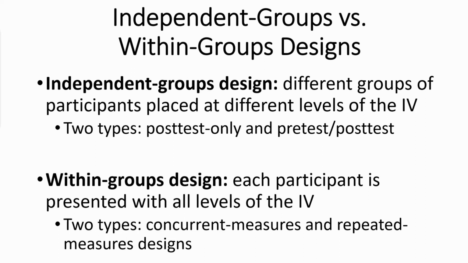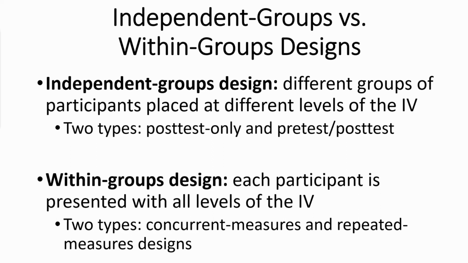And this is the one that I feel like people are most comfortable with or most used to in terms of experimental designs, because this is where you have different groups of participants that are placed at different levels of the independent variable. So you have one group that is shown the large pasta bowl and some groups that are shown the small pasta bowl.